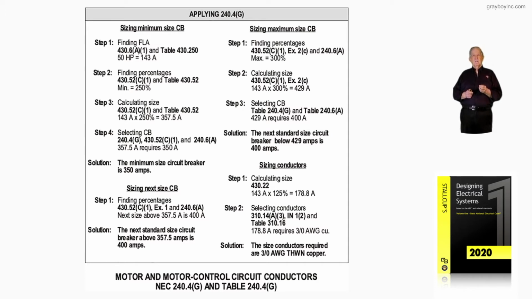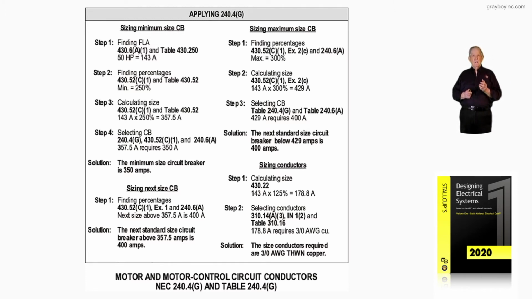Now, sizing the circuit breaker rounding up, step 1, where it shows rounding it up. So we could take 357.5 amps and, referencing Table 240.6(A), we could round it up to a 400 amp device. 3 times 400, it basically holds 1200 amps.